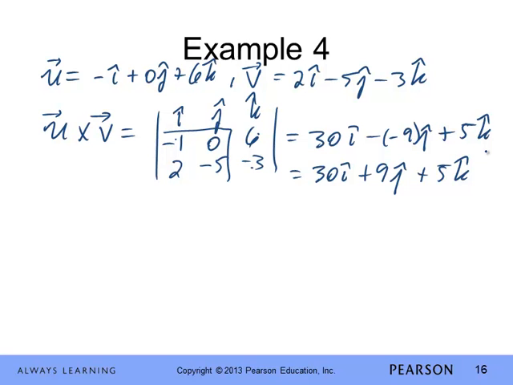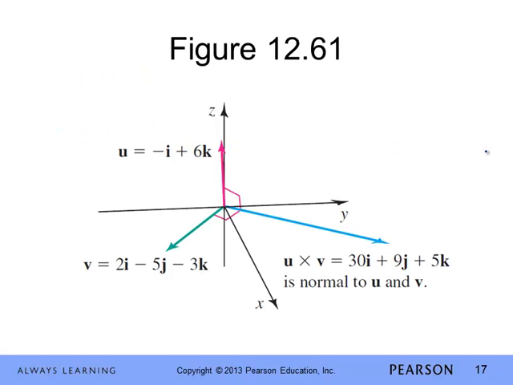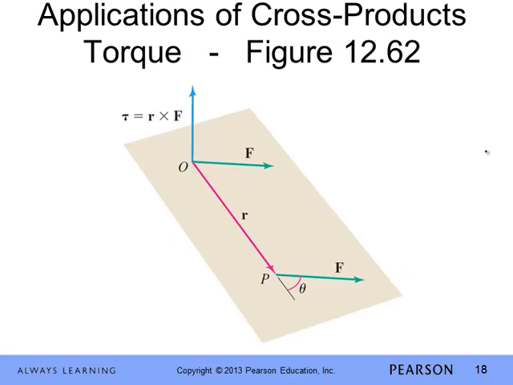So now that we know a little bit about cross products of vectors, let's turn our attention back to the torque, which is one application of the cross product. All right, torque. We have our lever, which is indicated by this radial vector r.